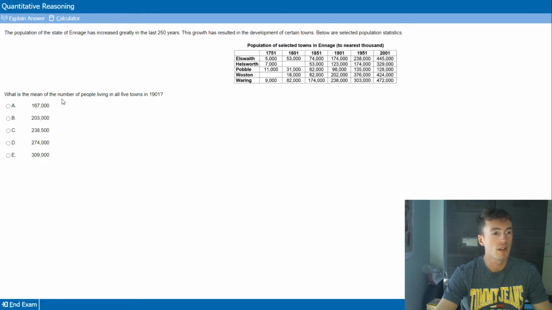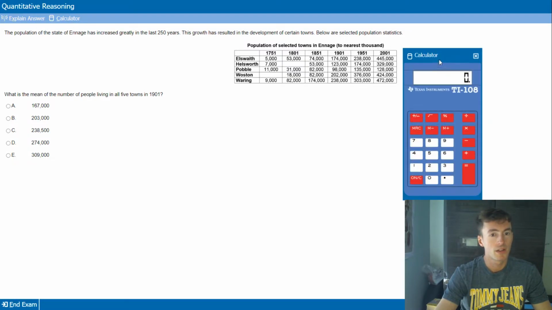Okay, what is the mean of the number of people living in all 5 towns in 1901? Okay, we can do this now. Just need to add them all up first. So if you want to save time, you don't have to put the 3 zeros, the 1,000 at the end.